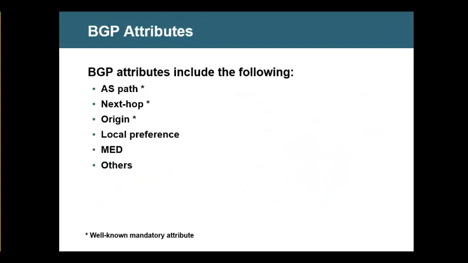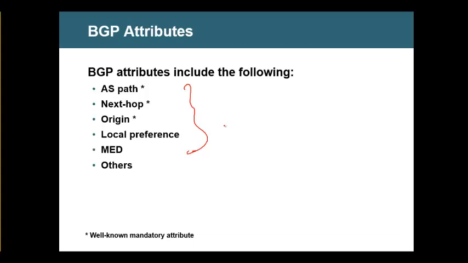Okay, so these are not the only attributes we have. We have many. There are many more. Here, only those attributes that are configurable, that can be manipulated by us, are shown. But we are going to see more attributes, but mostly they are all utilized dynamically.